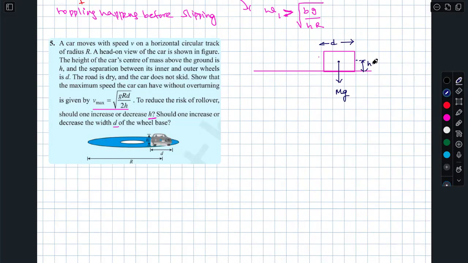See, what will happen in the turnover is that at this point the normal reaction becomes zero. The first lift happens here, and the entire normal reaction will shift onto these tires, and that is also mg again, right?